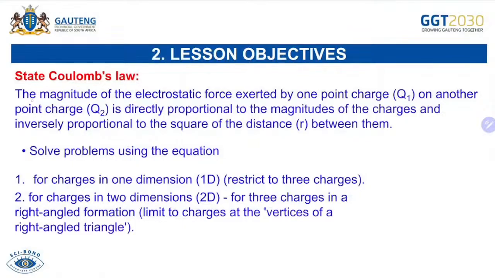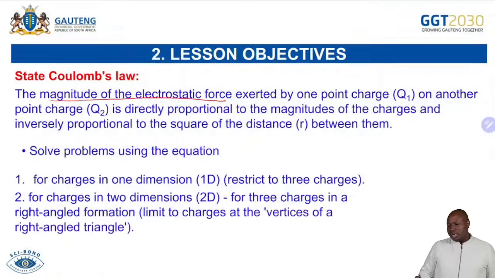Now, Coulomb's law says the magnitude of the electrostatic force exerted by one point charge on another charge is directly proportional to the magnitude of the charges and inversely proportional to the square of the distance between them.